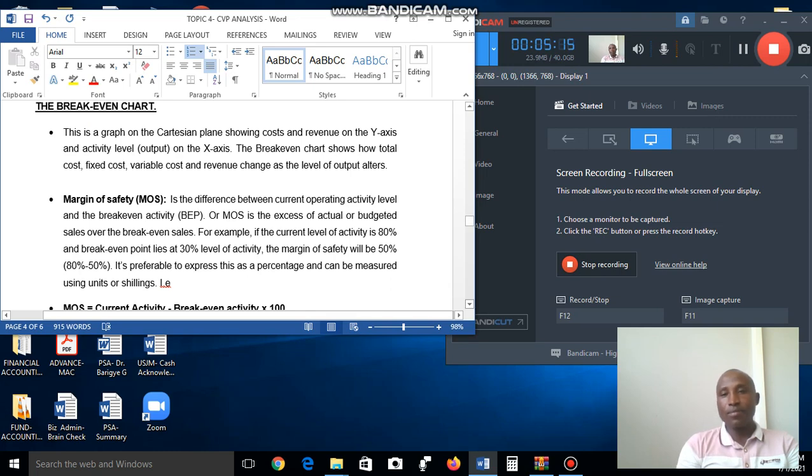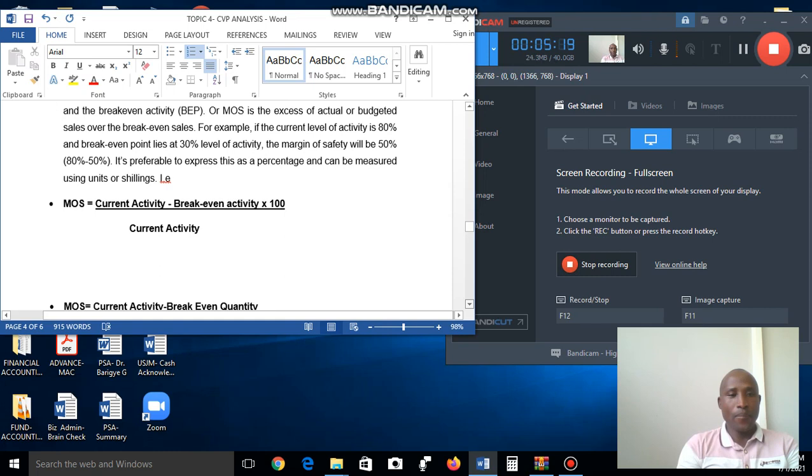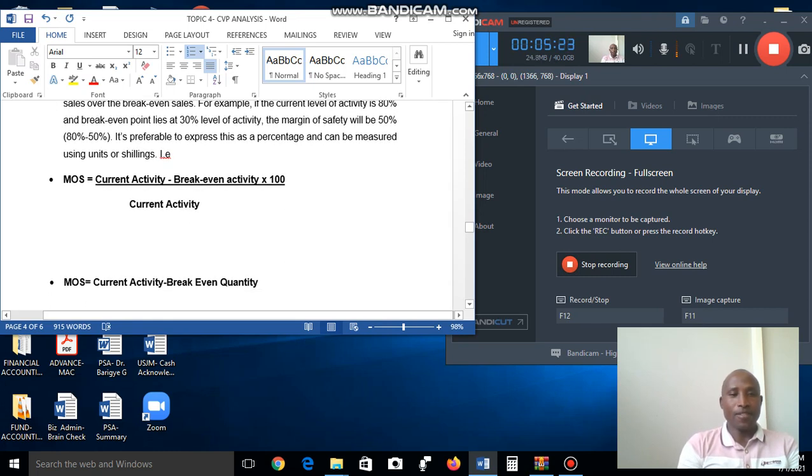Now, members, in case you want to calculate the margin of safety, it is equal to current activity, which is 80%, minus break-even activity, which is 50%, then over current activity, which is 80%.